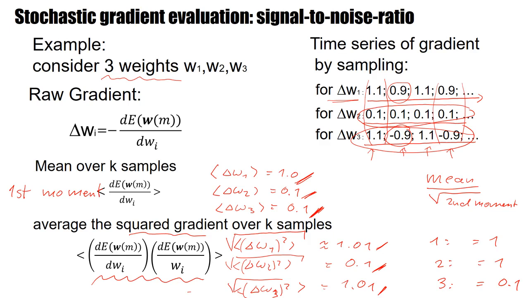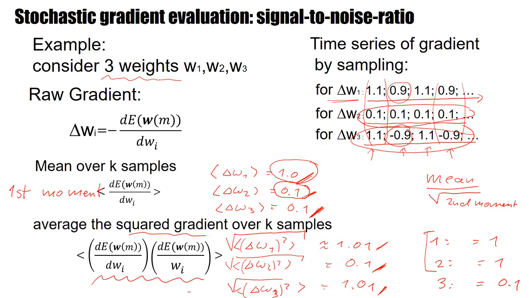And now you see, when we think of the questions in the quiz, well, it didn't really matter that the first weight had a mean of 1 and the second of 0.1. Once I divide by the second moment, they come back with the same result.